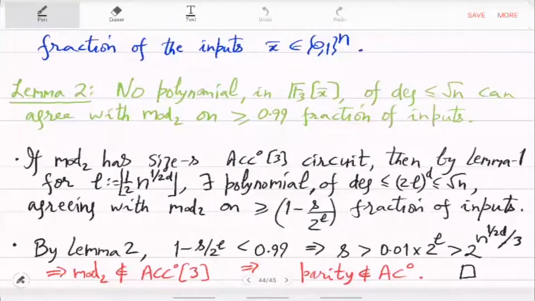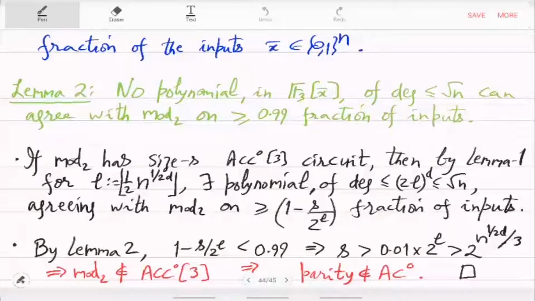Once we have shown this, we will also show that mod 2 doesn't have good approximators, and that will give you the result that parity is not in AC0. That's a major result with a very interesting proof technique.